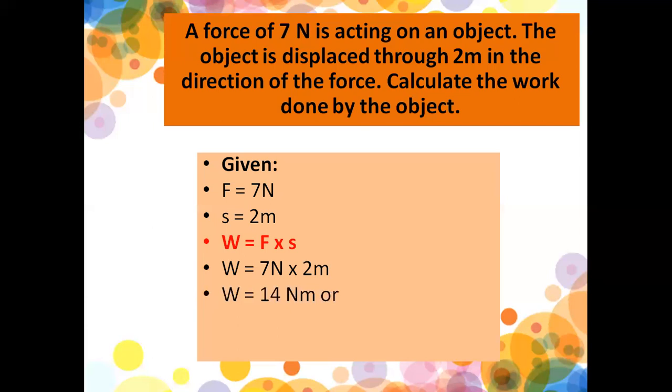So the work done will be equal to 14 Nm, or we can replace Nm, that is Newton meter, with the joules. You can write work done by the object is 14 joules.